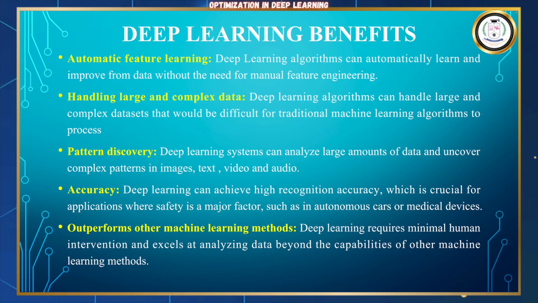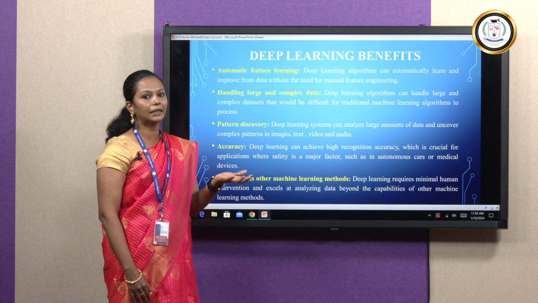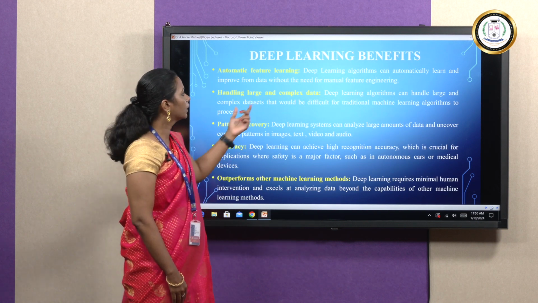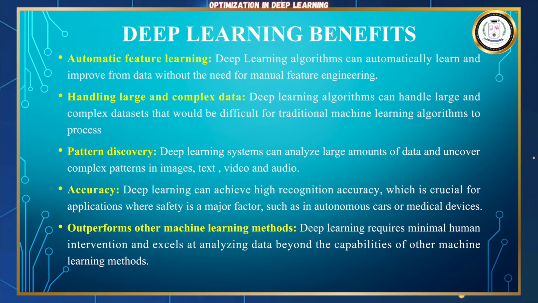Now let's see the deep learning benefits. First benefit is automatic feature learning. Deep learning algorithms can automatically extract the features without the need for manual feature engineering. The next benefit is handling large and complex data.